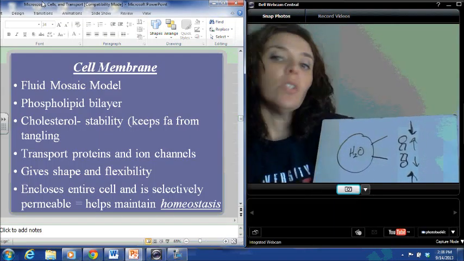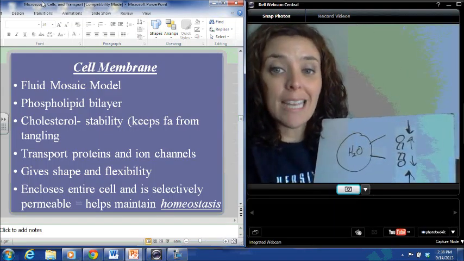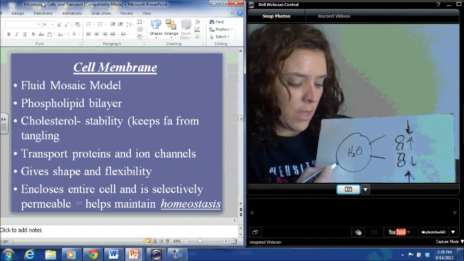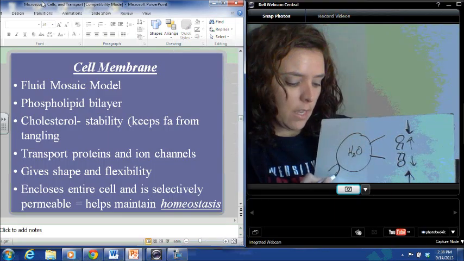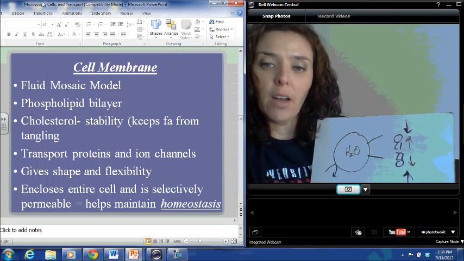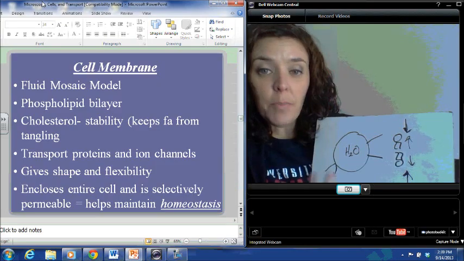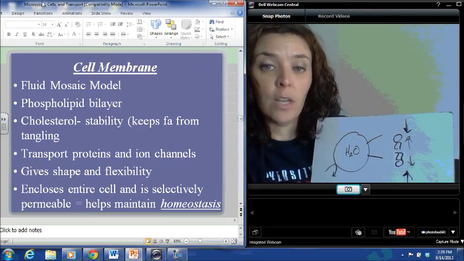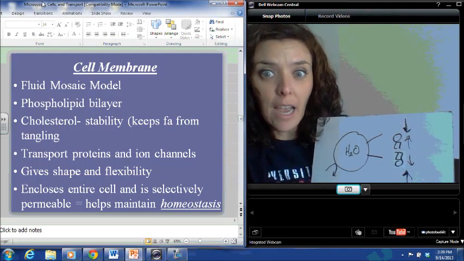Now, the cell membrane's job is to control what goes in and out of the cell. If it's something bad, it might try to go in, but the membrane is going to block it, so it's going to make it go back out. This is a silly example, but it's like a bouncer at a club. They control who goes in and out. If you're not 21 years old, you get kicked out.